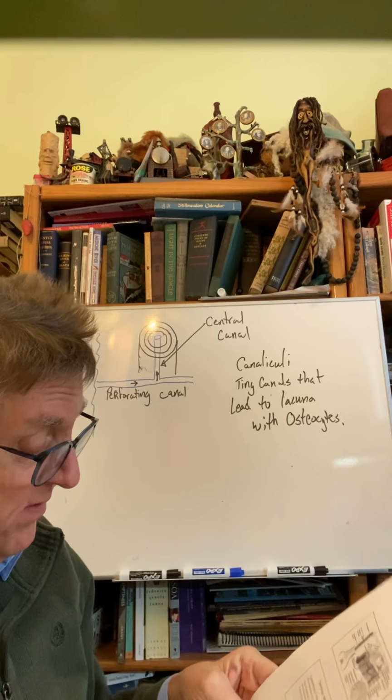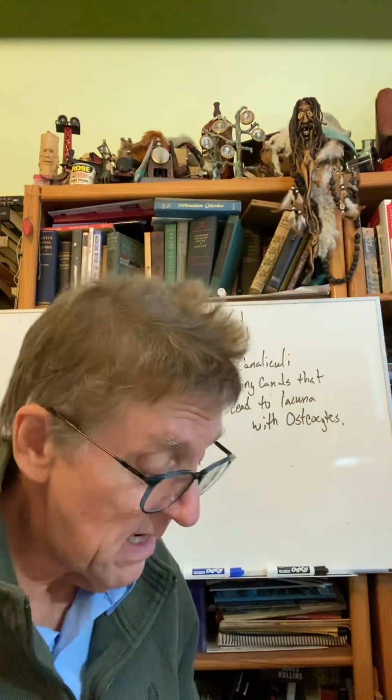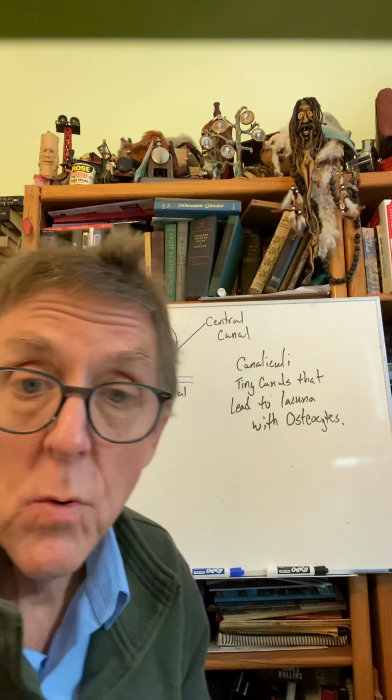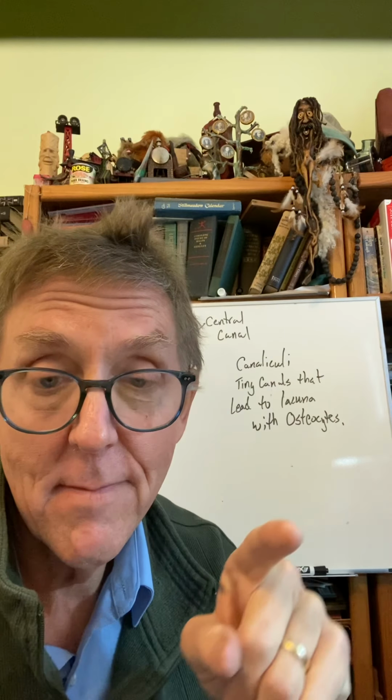Okay, so let me see. Oh, okay, so we have osteoprogenitor cells. Progenitor, that's stem cell. So we have this other cell, and that's going to be used when do you think? Yeah, fetal development. Fetal development and growth.